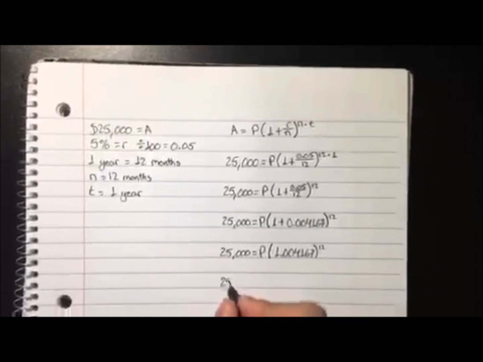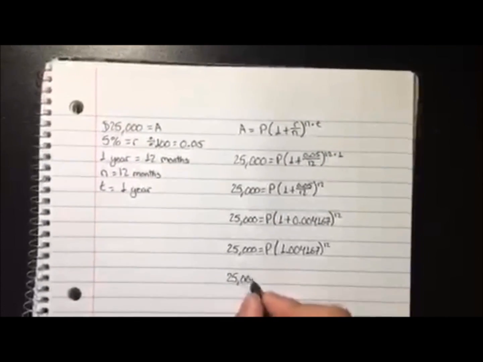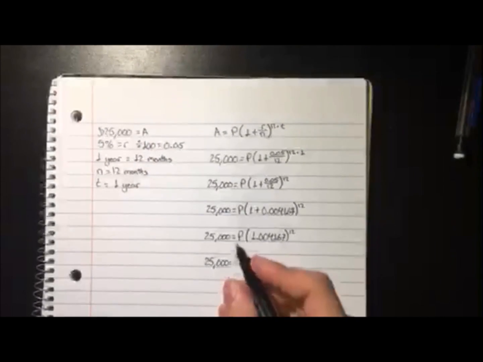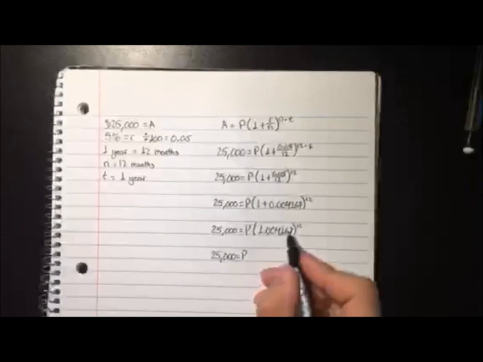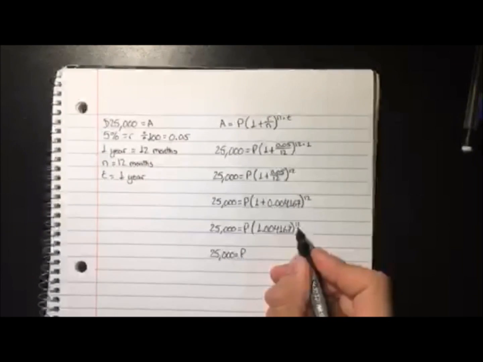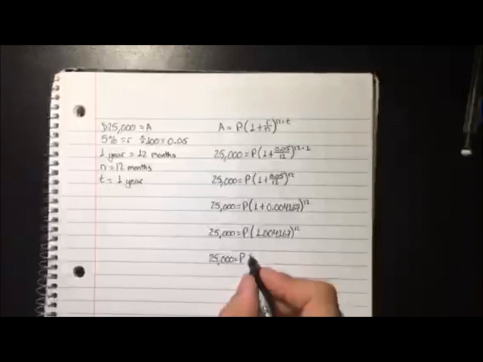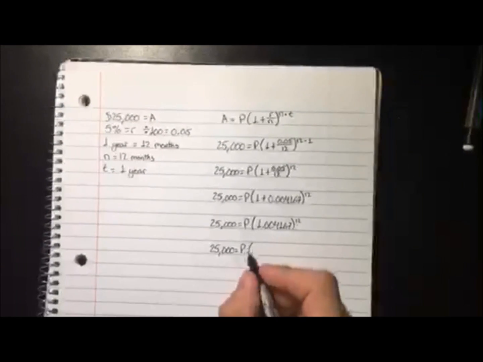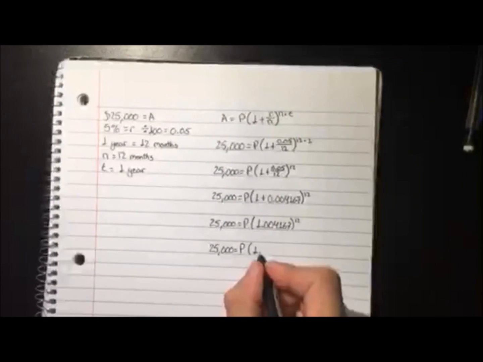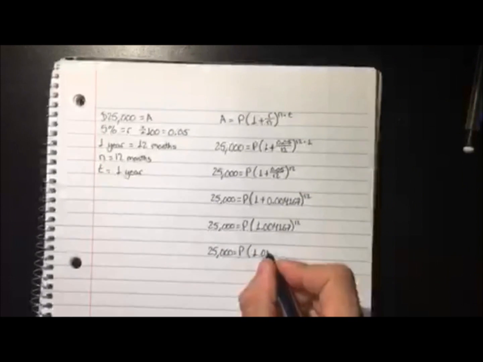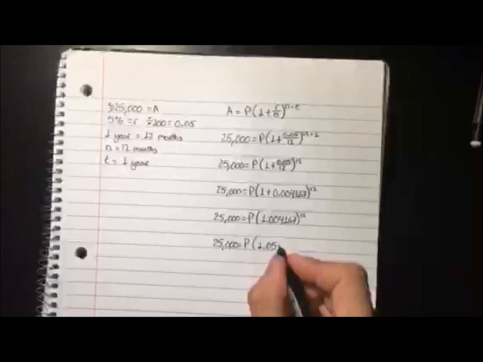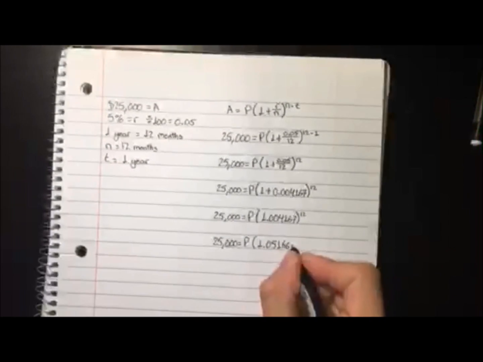So it's 25,000 equals P, and this number raised to the 12, we plug it in our calculator, and it gives us 1.051661.